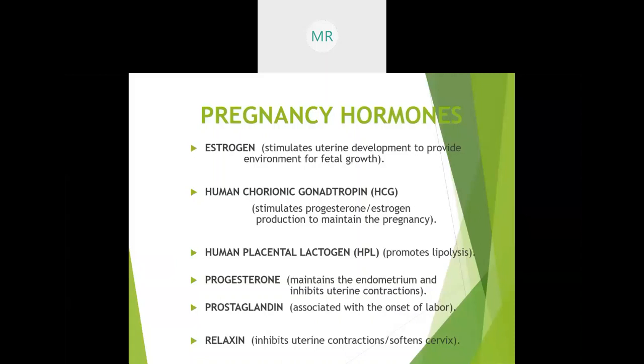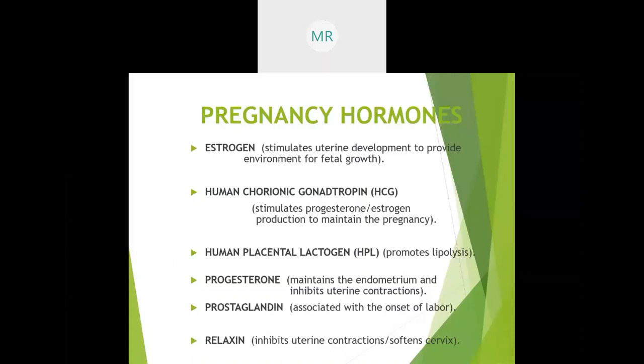The exact cause of why hypertension happens during pregnancy is still unknown, but one of the many causes is that if a patient has low levels of prostaglandins, it might contribute to getting hypertension during pregnancy.